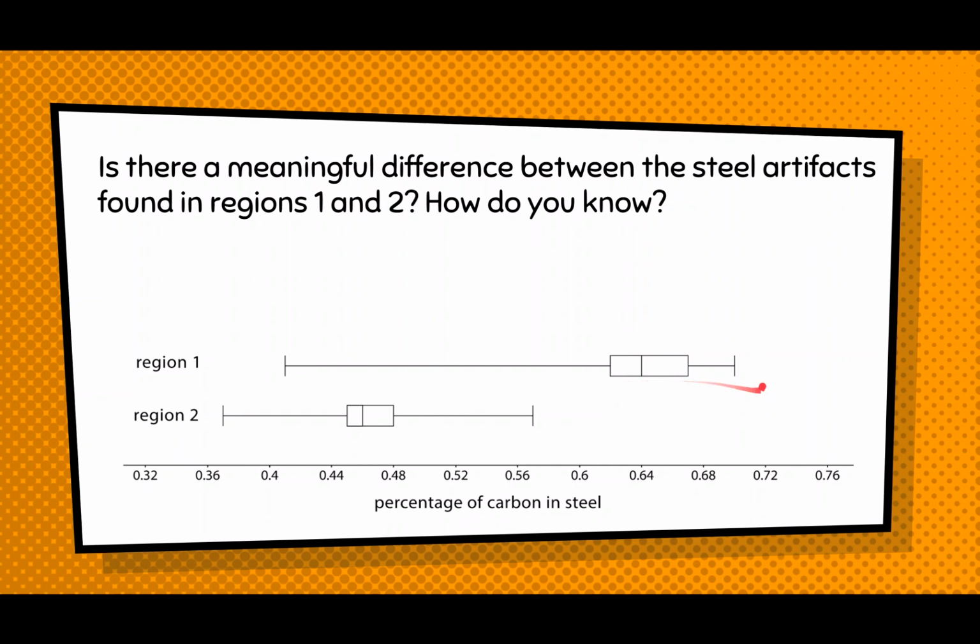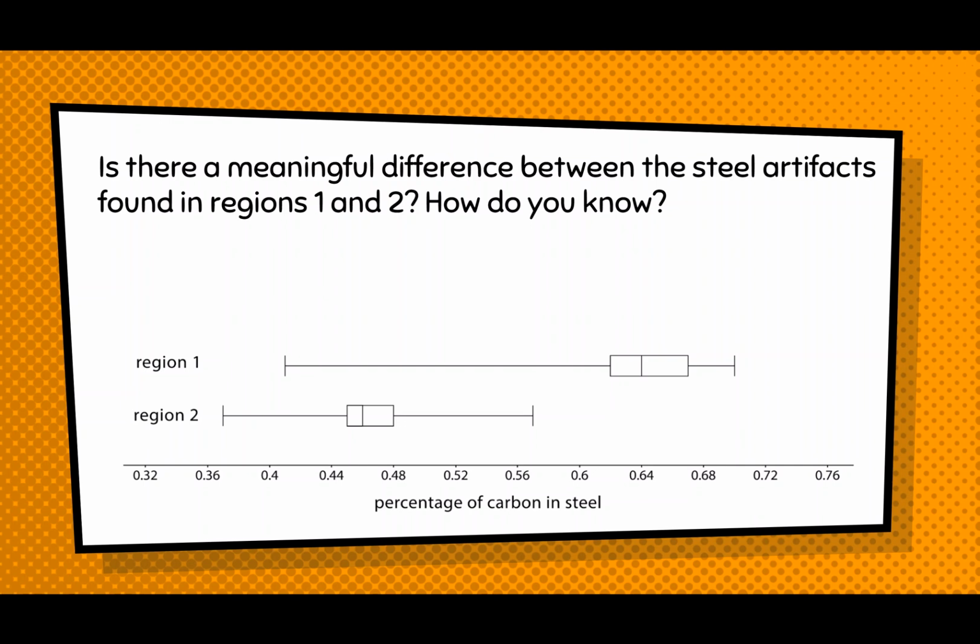Again, so much of the data in region 1 is greater than all of the data in region 2, while the data in region 2 all falls in or below the bottom 25% of region 1. So to me, that means that yes, there is a meaningful difference.